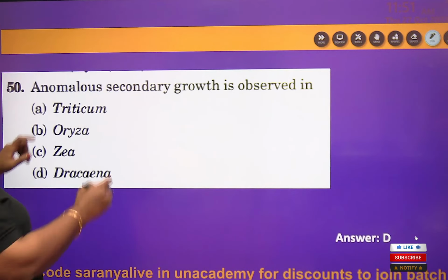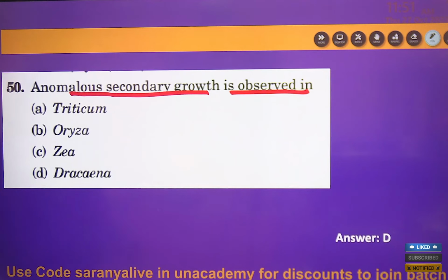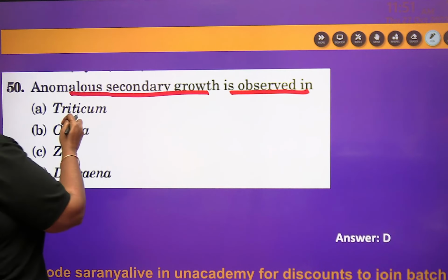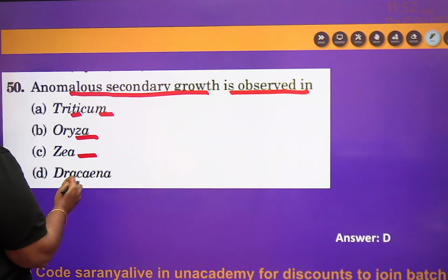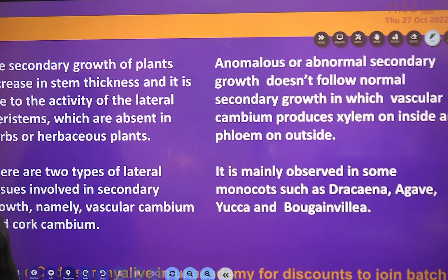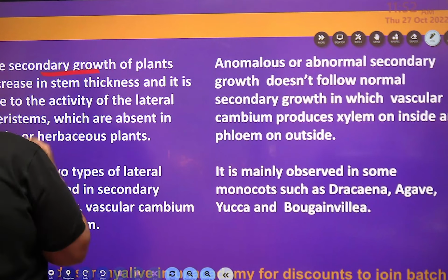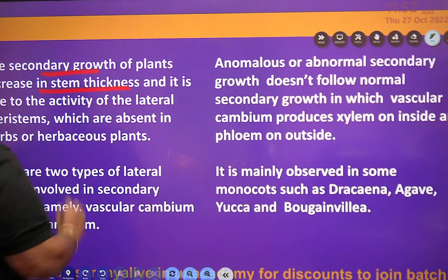Okay. So, anomalous secondary growth is observed in which of the organisms? Options given are Trichium, Oryza, Zea and Dracaena. Which of the following is going to be the correct answer? Actually speaking, secondary growth is done to increase your stem thickness.